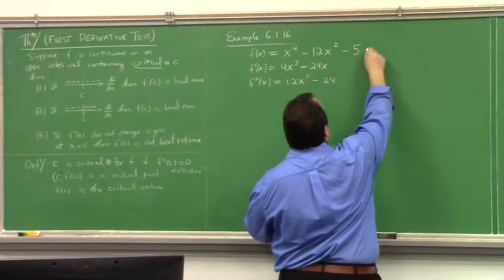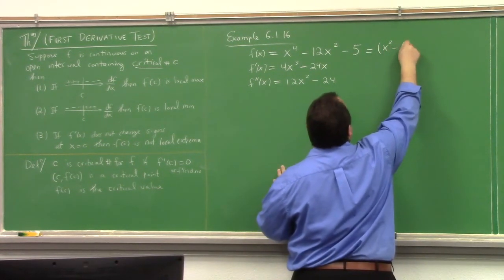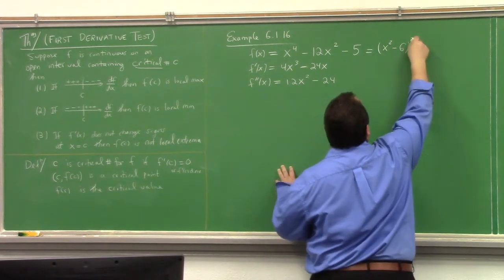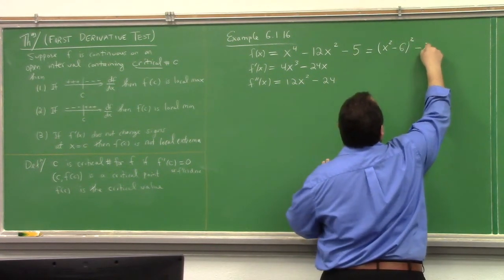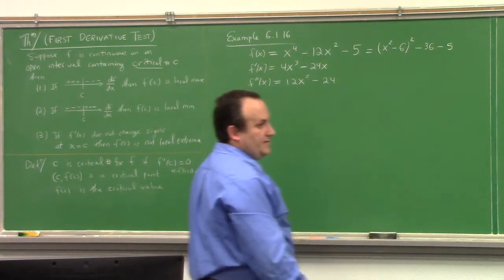I mean, if you want to, you could do this. This is x squared minus 6 squared minus 36 minus 5. Completed the square on the square.